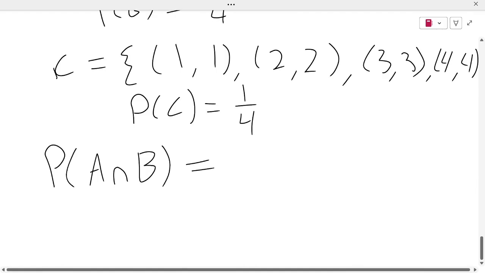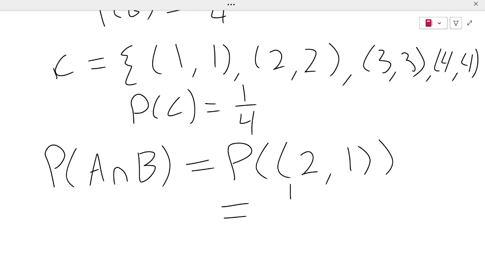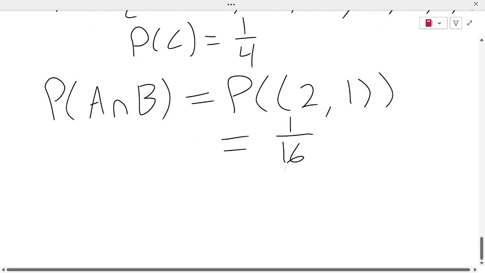So if there's only one way A and B both occur, we're really looking at just the probability of the 2, 1. And so it's the probability of one elementary event, and the probability of any elementary event is just 1 over 16.